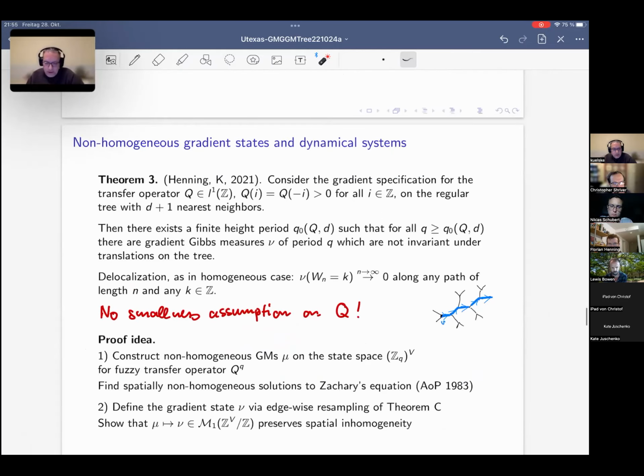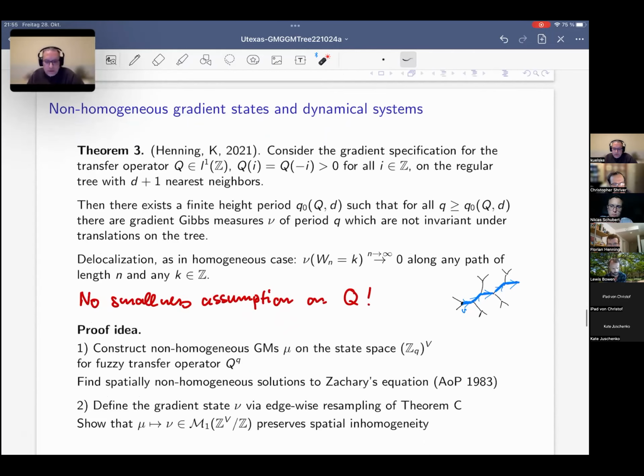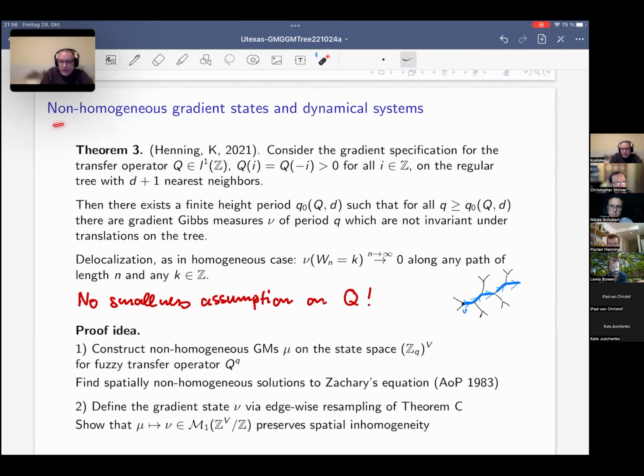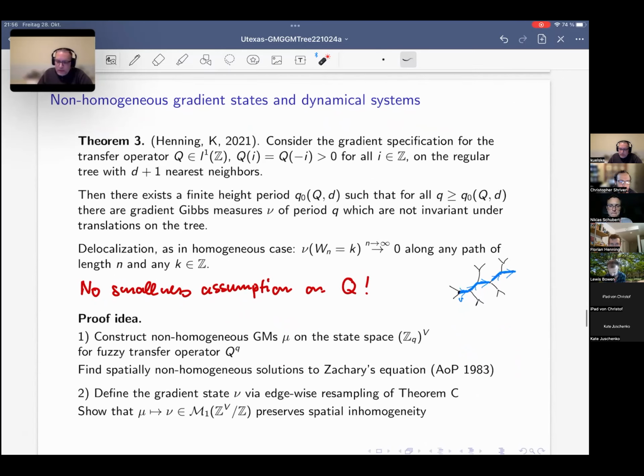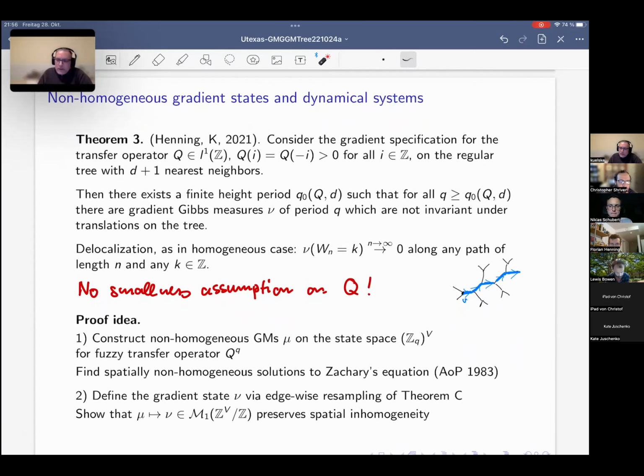And now, because I don't have so much time anymore, I come now to the part with the non-homogeneous gradient states. The theorem goes like this, and it's in the second paper, which now got accepted.